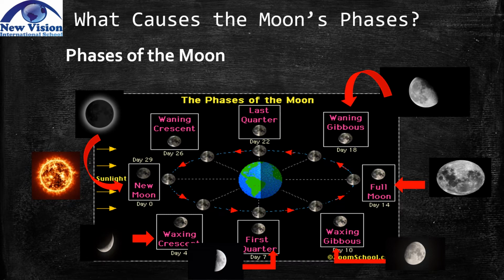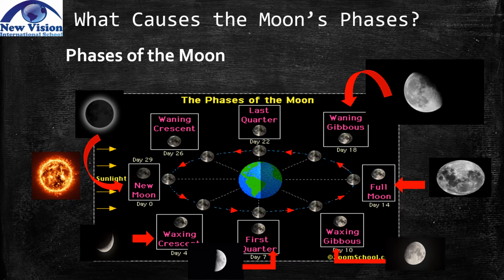Waning means that it is getting smaller, and gibbous refers to the shape which is less than the full circle of a full moon, but larger than the semicircle shape of the third quarter moon.